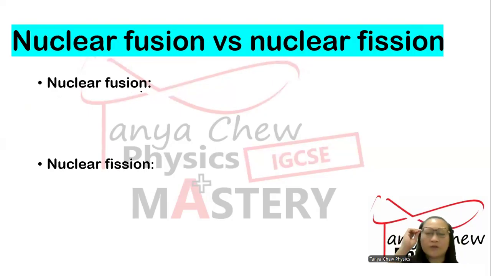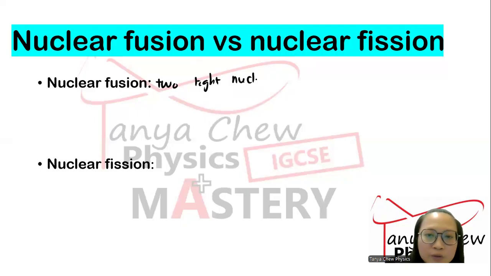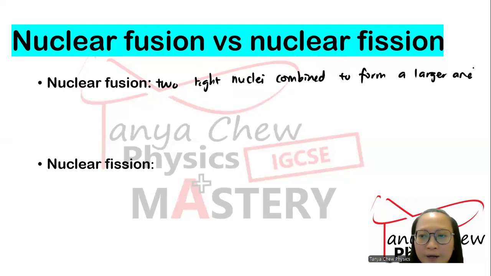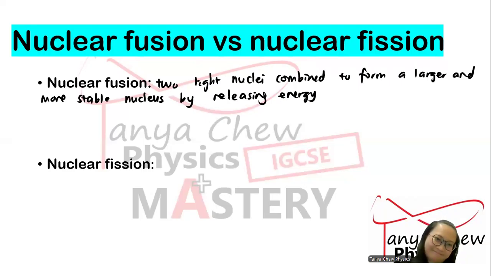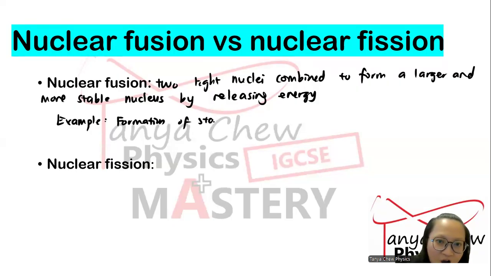Nuclear fusion and nuclear fission, right? Fusion means that two light nuclei combine to form a larger and more stable nucleus by releasing energy. Example, formation of stars.